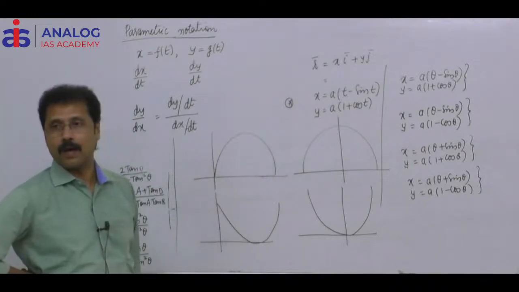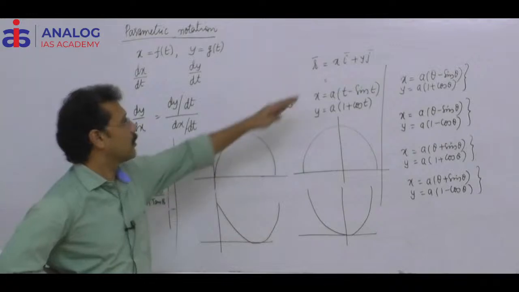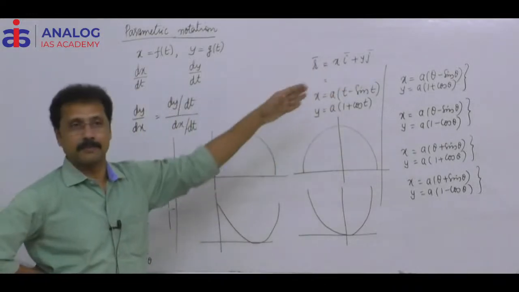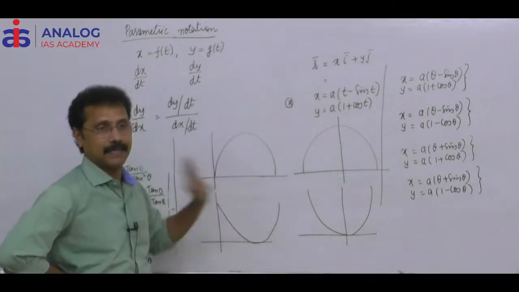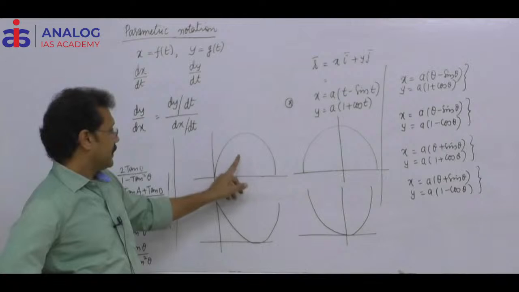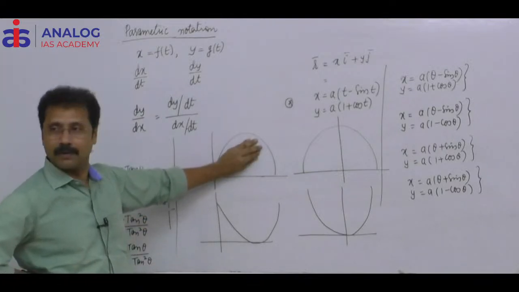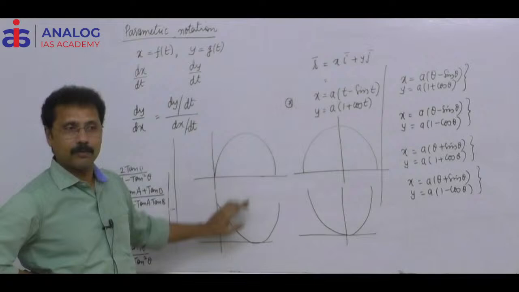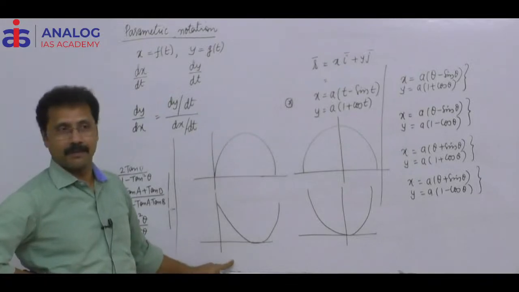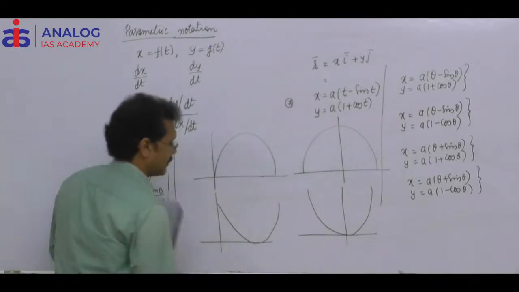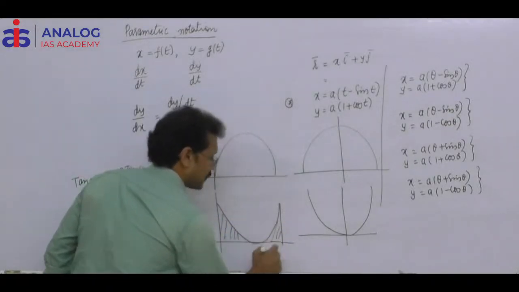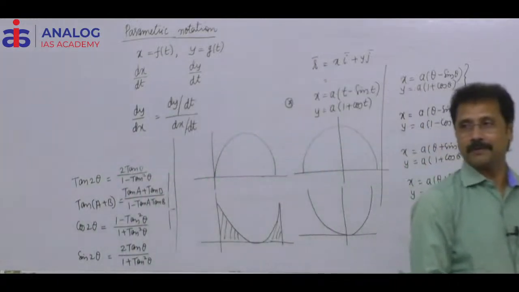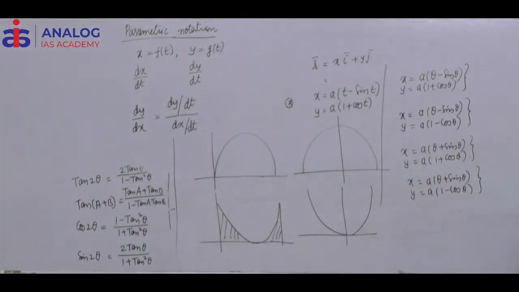Whatever expression would be given, in this case the area would be this one. But what about in this case? The area would be this one. It's different. Unless you know what exactly is your cycloid, you will not be able to get the right answer.